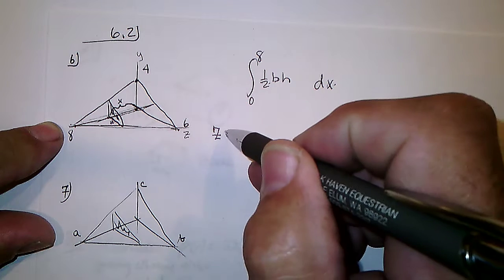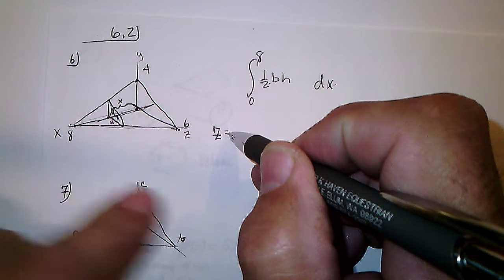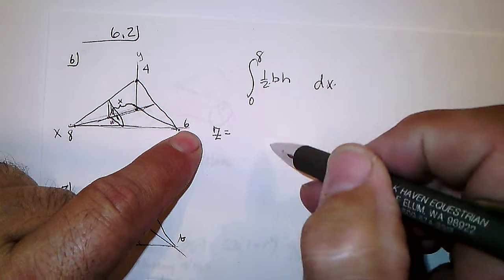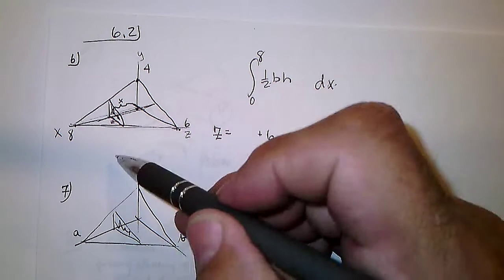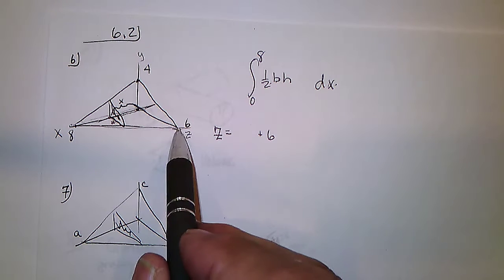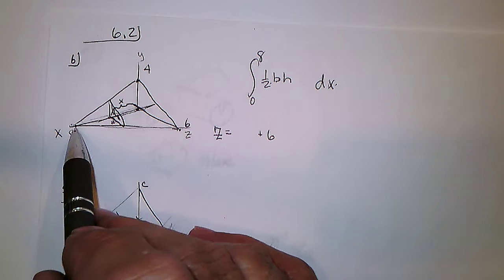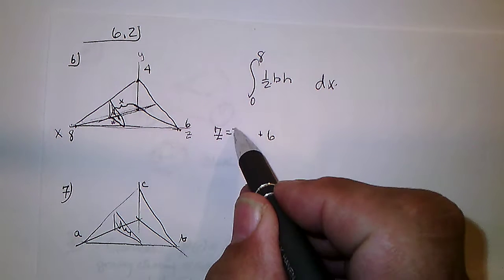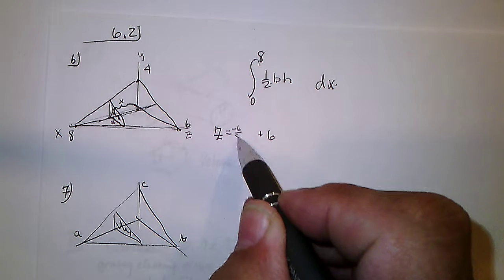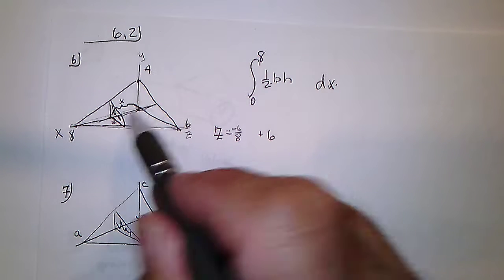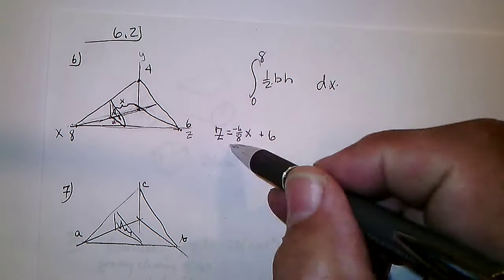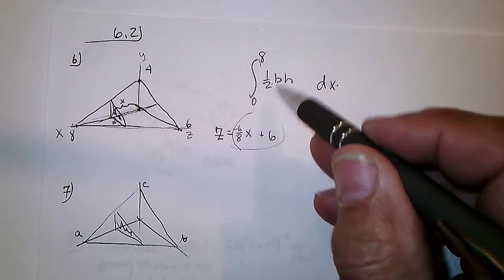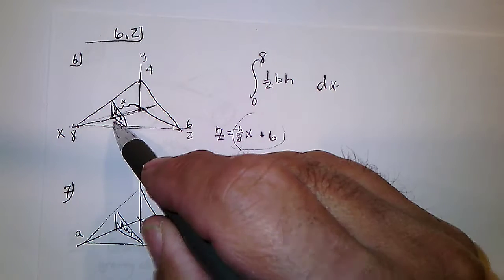And z would be equal to, well, it has a z-intercept of 6 and a slope of, it goes from 6 down to 0 as we go out 8. So minus 6 over 8 x. So that's z, the base.